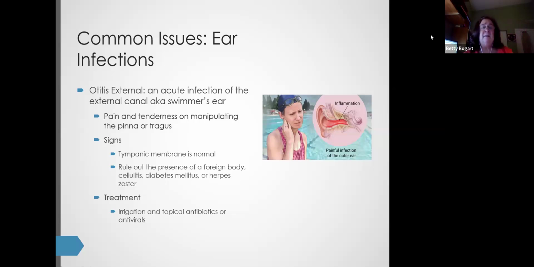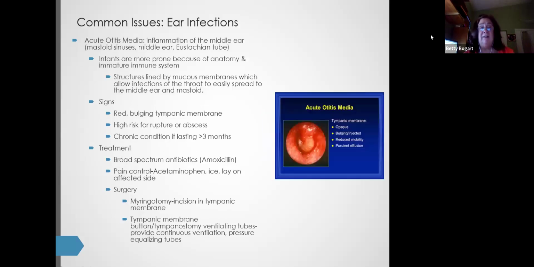And then sometimes if there's something in there, maybe it's wax or something, you can irrigate it, and then put on those topical antibiotics, oral antibiotics for the otitis media, the middle ear infection. And of course, if it happens to be herpes zoster, that's an antiviral, because that is a virus.